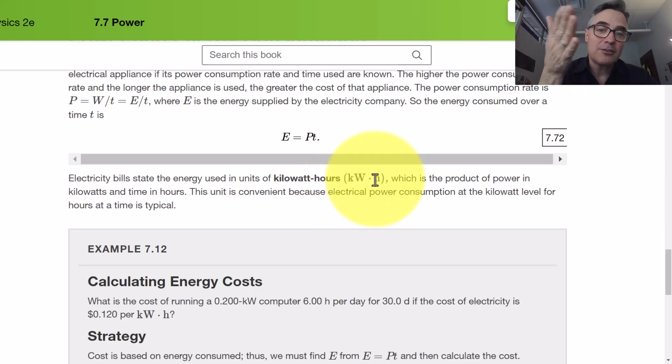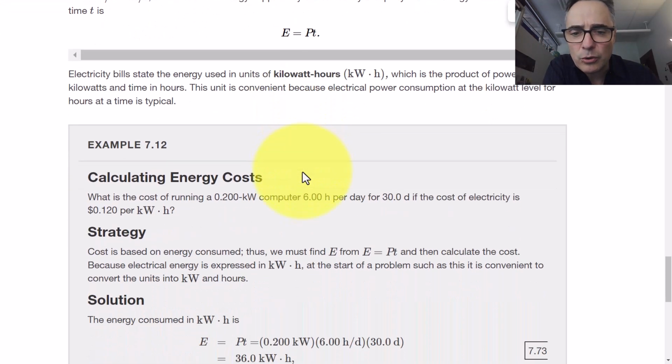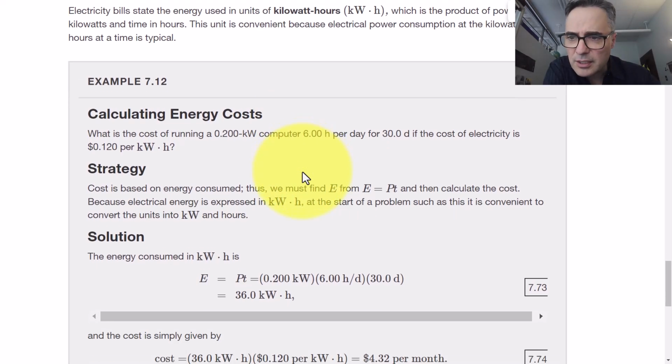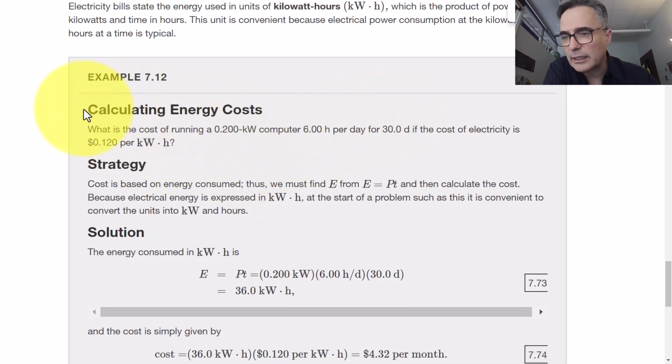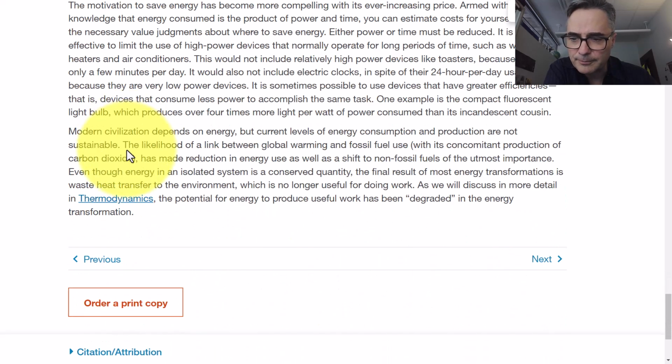So 3,600 seconds times 1,000 is 3.6 million joules in 1 kilowatt hour. So you do pay for the joule. It's just that joules are so small, they use kilowatt hours. It's a little more convenient. For example, the cost of electricity in your region might be 12 cents per kilowatt hour. So you can figure out the cost of your electricity.